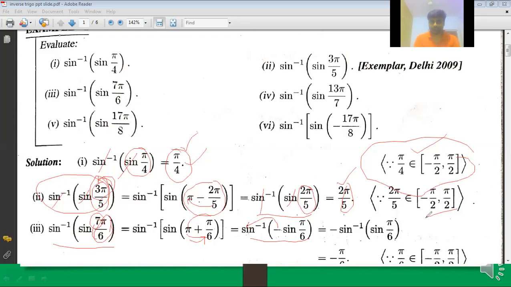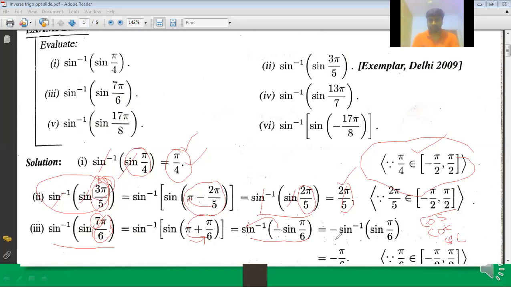For those, cos inverse of minus x is pi minus cos inverse x. We will discuss the proofs in the next slide.